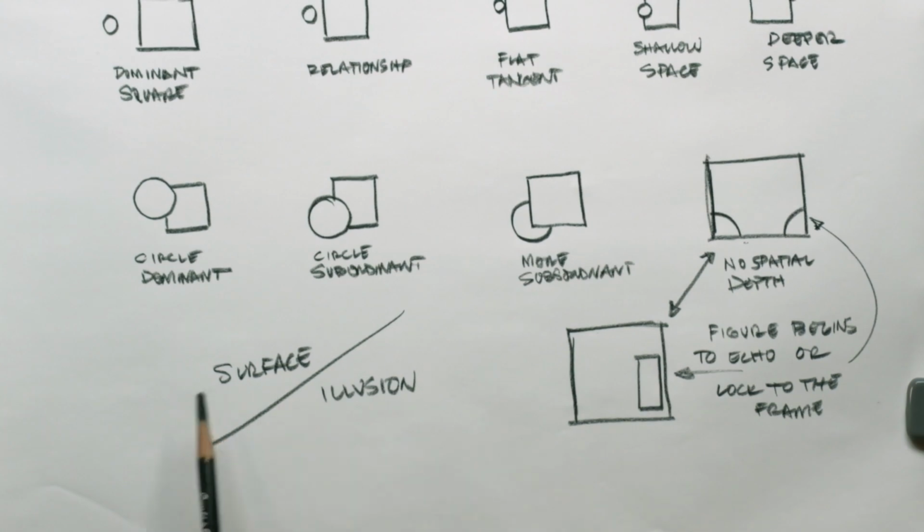We have marks that will imply the surface or sit on the surface, and we put those next to something that is really about the illusion, or we get lost in the illusion. We get a contradiction, okay? And it becomes a contrast, and it becomes something that we're drawn to. One person that comes to mind is Richard Schmid.